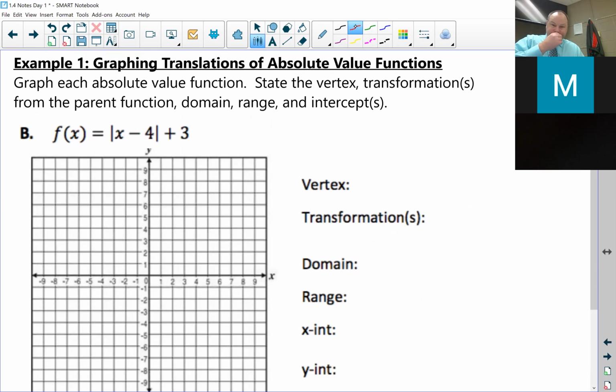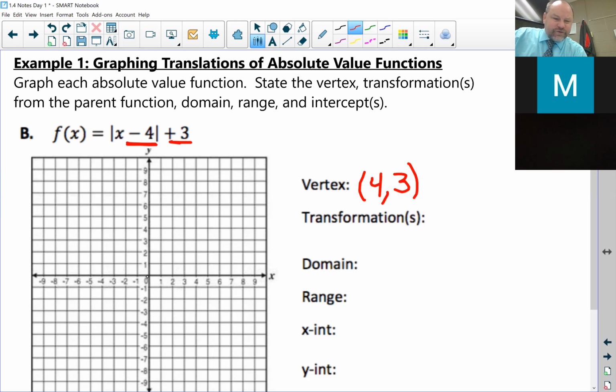Okay. Here now, we're subtracting 4 from X inside the absolute value and adding 3 outside. So my vertex, I take the opposite of minus 4, and this I don't change. So instead of having the vertex at 0, 0, my vertex is at 4, 3.